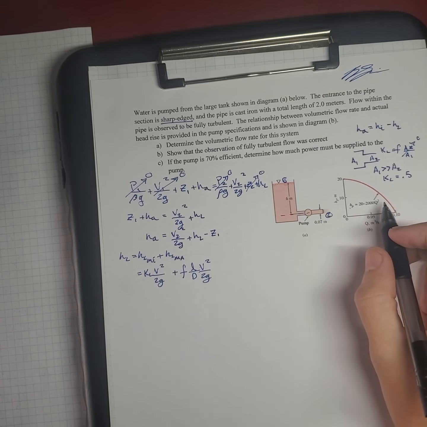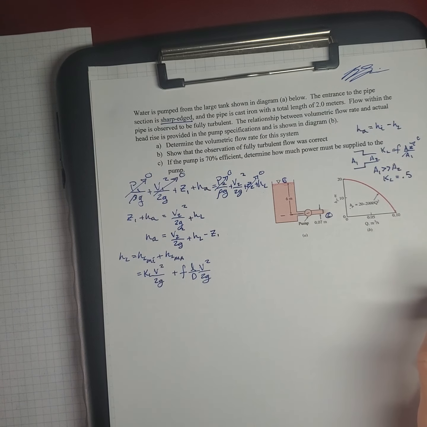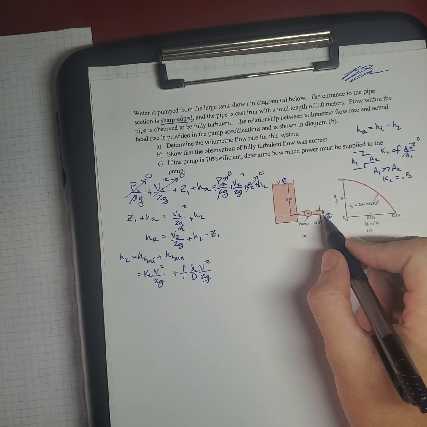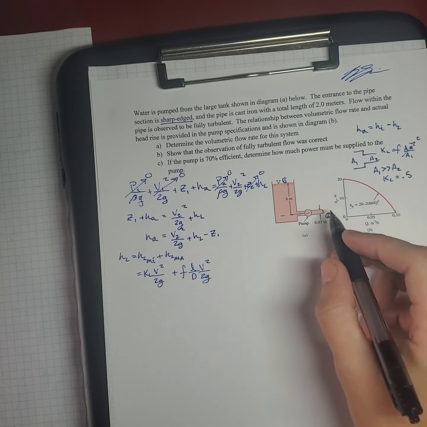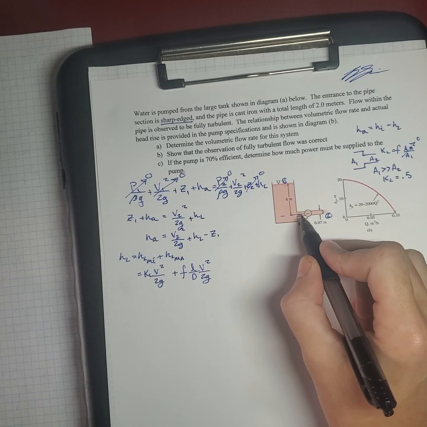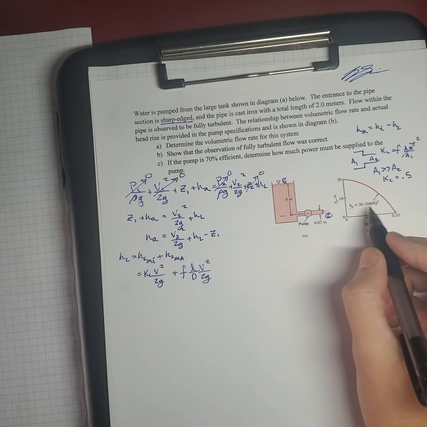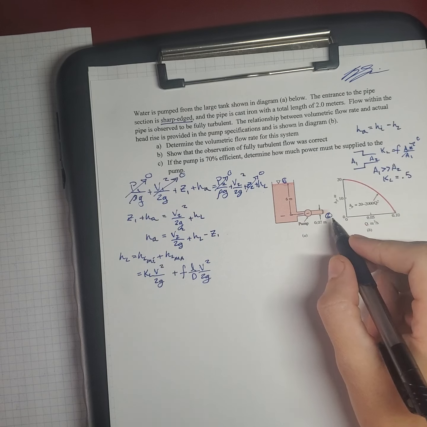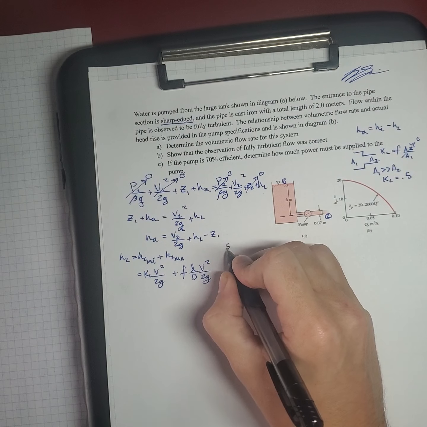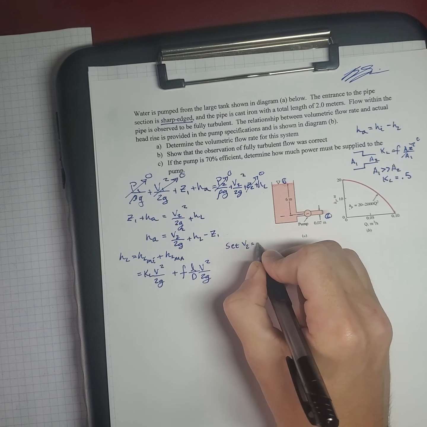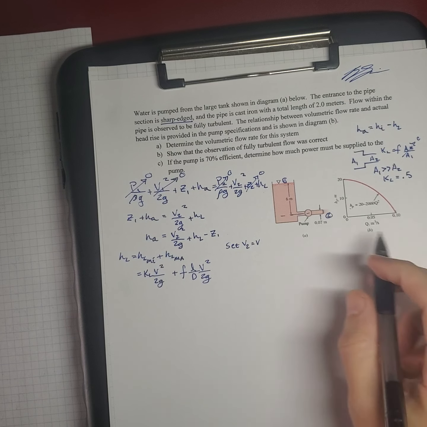But we are given an equation in terms of the volumetric flow rate, and we will therefore set V2 as the average velocity due to the fact that the volumetric flow rate will be equal to the area times the velocity of the fluid. So we will set V2 equal to V, which represents the average velocity through this pipe.